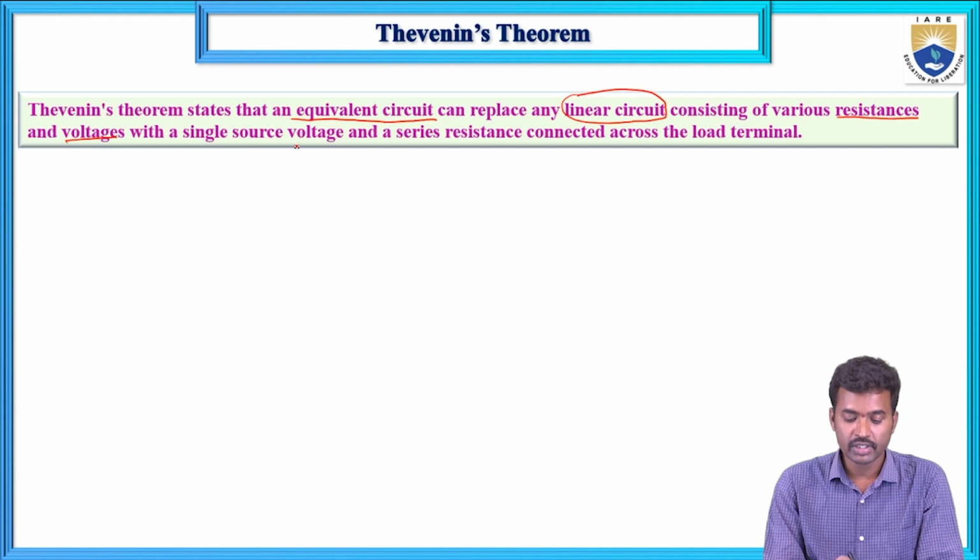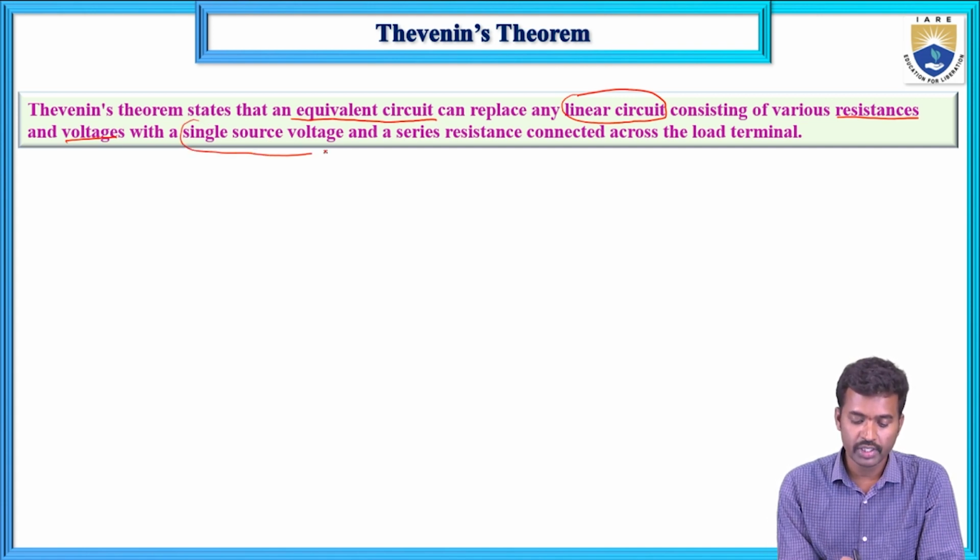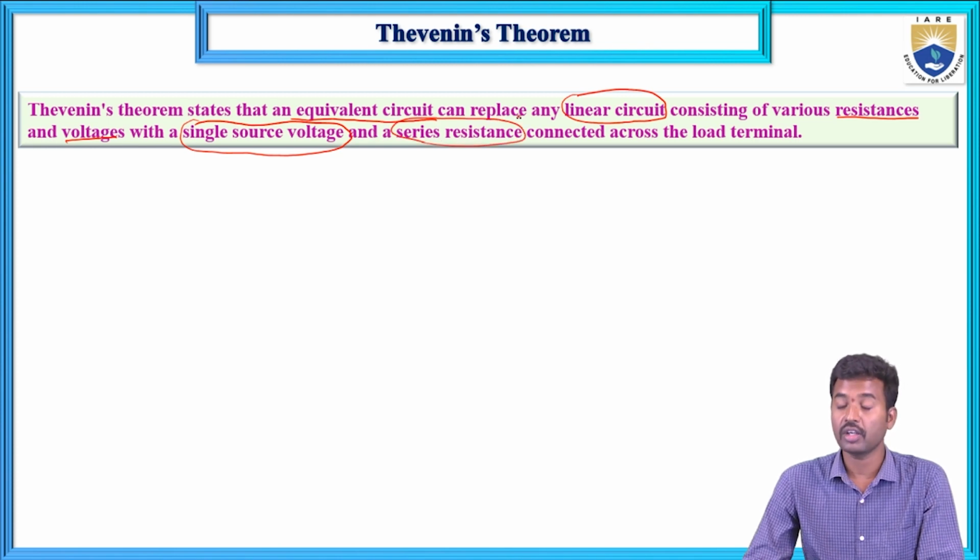That single equivalent circuit consists of only one voltage source in series with a resistance connected across the load terminals. This is Thevenin's theorem statement.